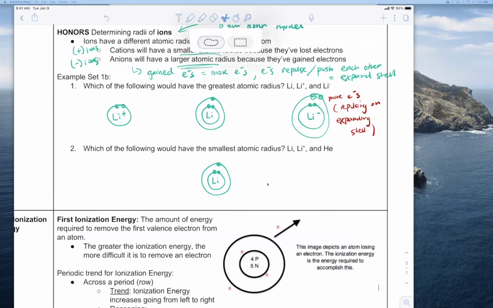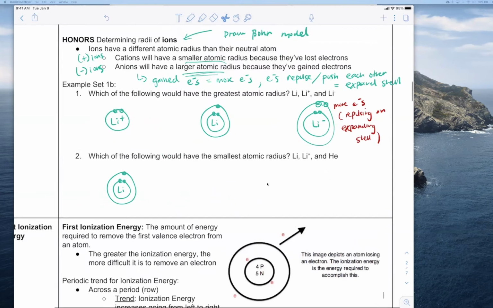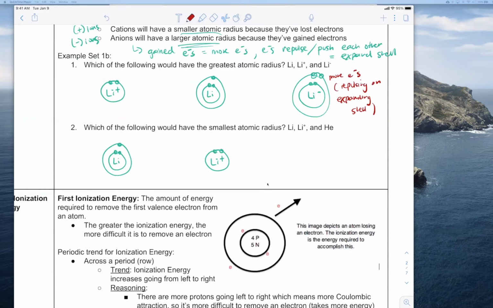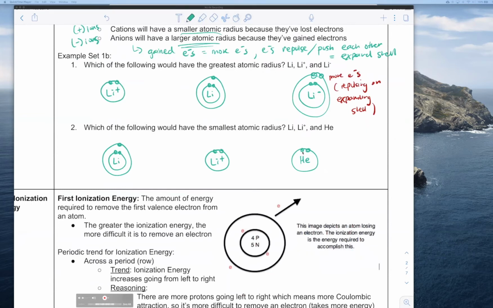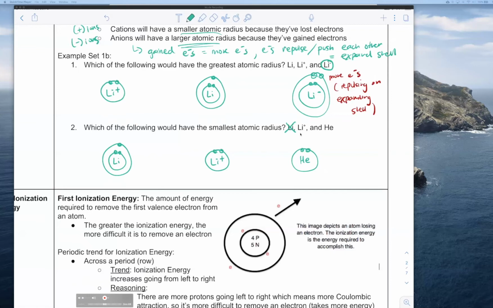And then helium I'm also going to draw. So the issue here is helium also has 2 electrons. So obviously it can't be lithium regular. So it has to be lithium plus or helium.